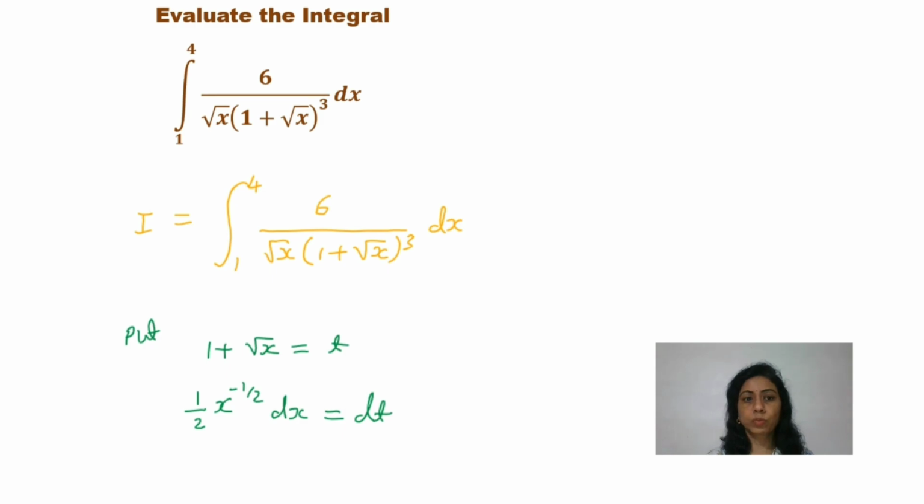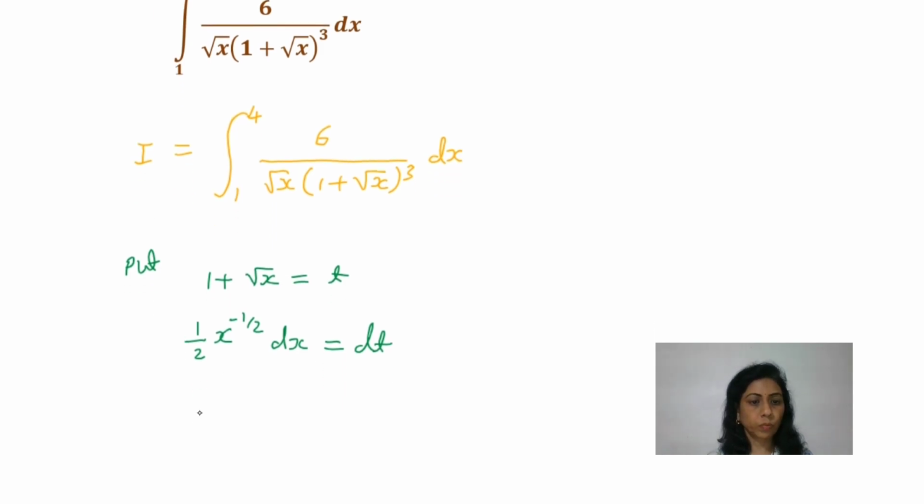So this will be 1 upon 2, and x to the power minus 1 upon 2 when we write in positive exponent, this goes in the denominator, x to the power 1 upon 2, and x to the power 1 upon 2 we can write in radical form, square root x. dx is equal to dt, and actually we wanted this one.